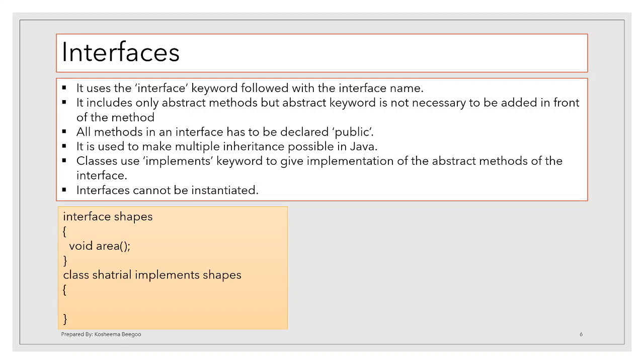We cannot have more than one class after the extends keyword. We can have only one class after the extends keyword. But after implements, we'll be able to have several interfaces. And like abstract classes, interfaces cannot be instantiated.